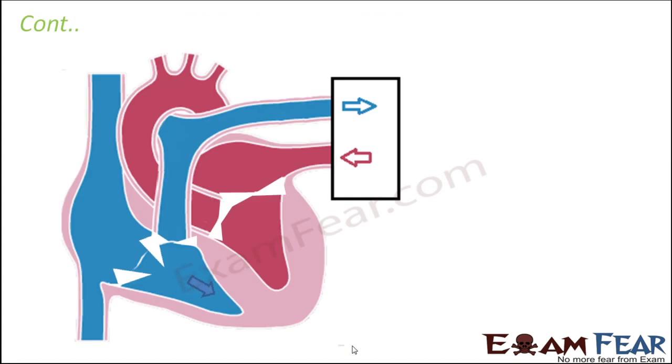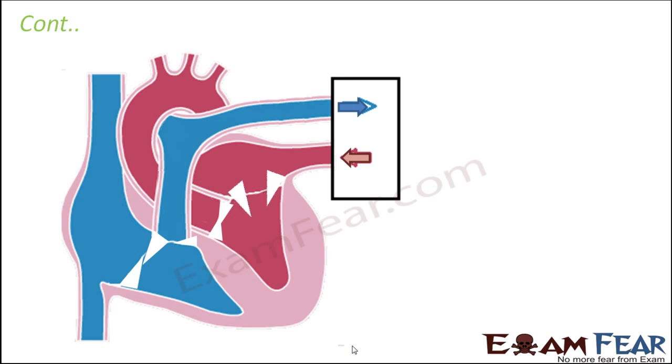The deoxygenated blood enters from the right auricle into the right ventricle through the cuspid valves, and then once it enters, the valve closes, and the pulmonary valve opens, and the deoxygenated blood flows into the pulmonary artery to be supplied to the lungs, where it gets oxygenated.